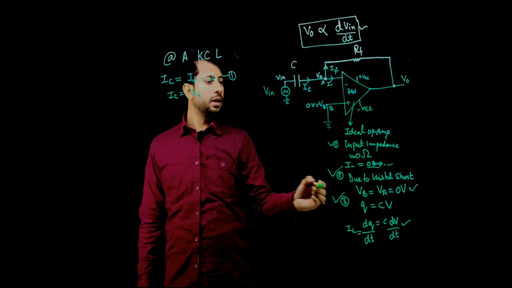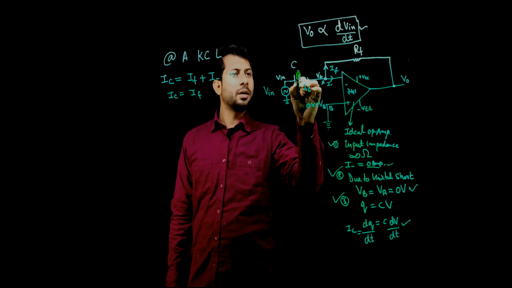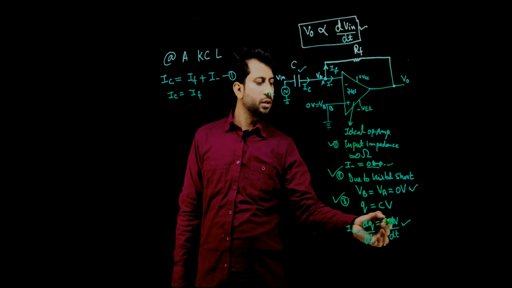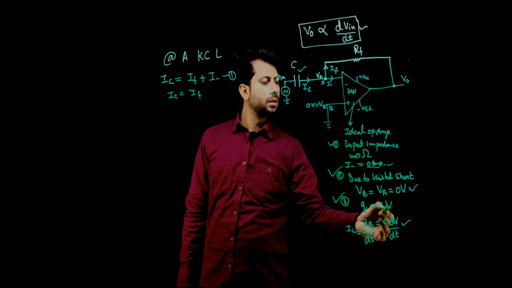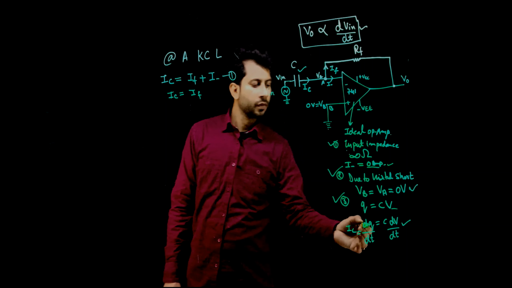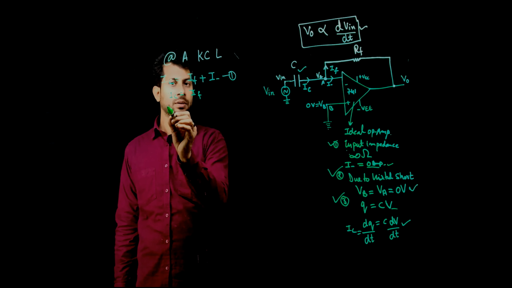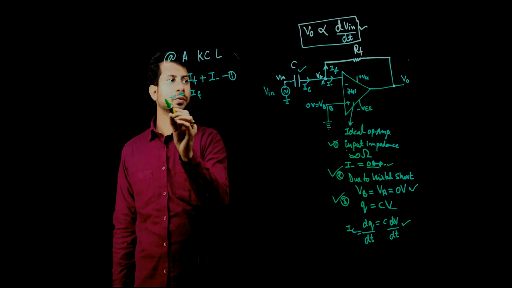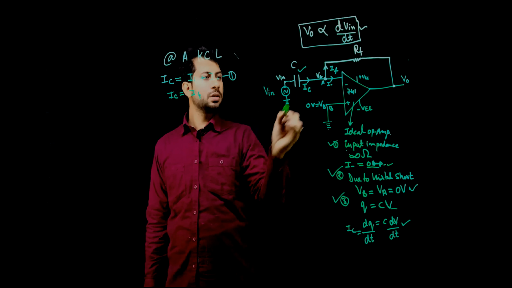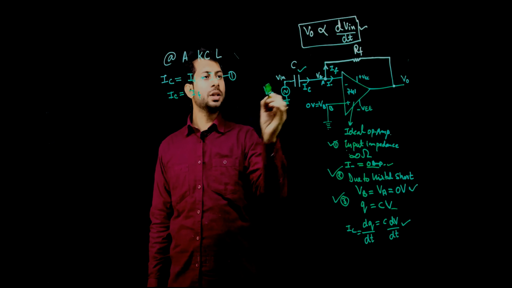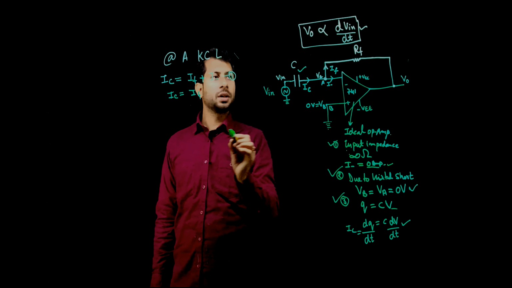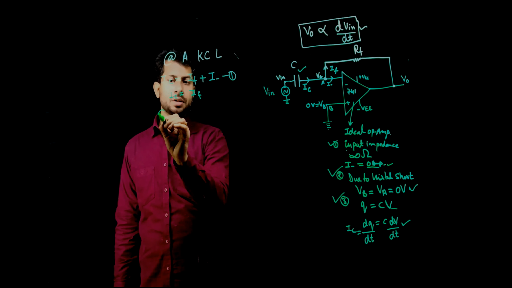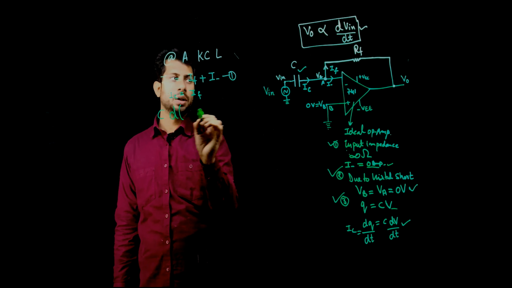This IC is the current through the capacitor, and by using this equation we can write IC, which is the current in this branch, known as the capacitor current, equal to C dV/dt.